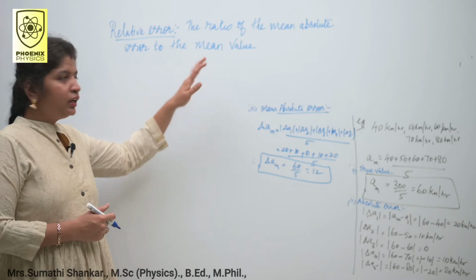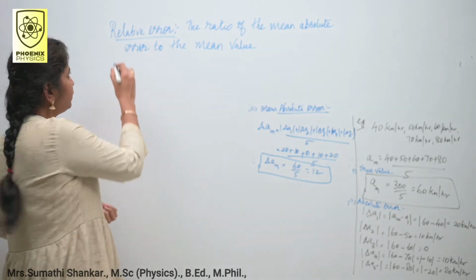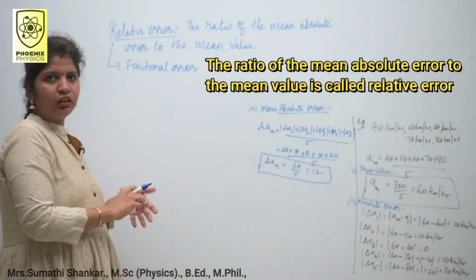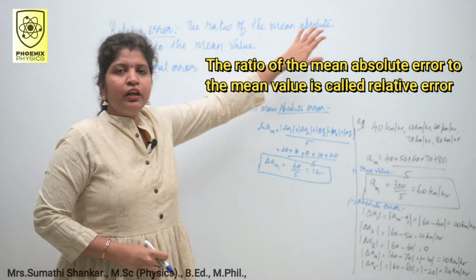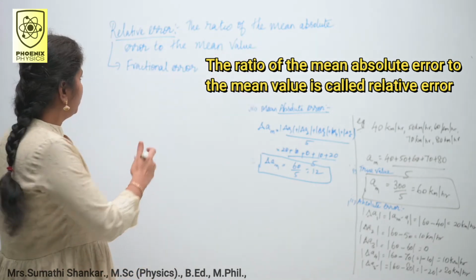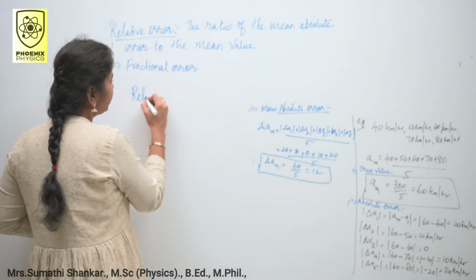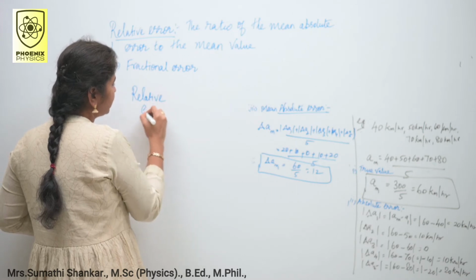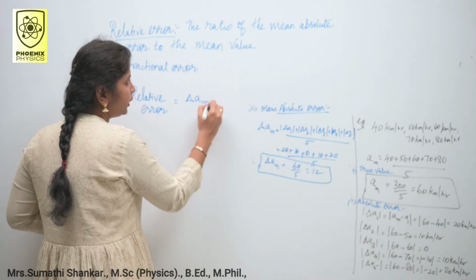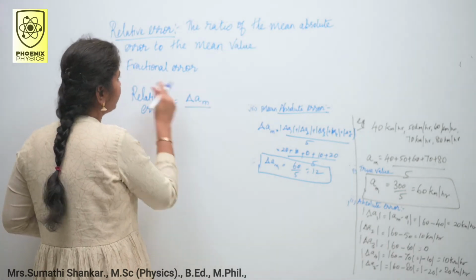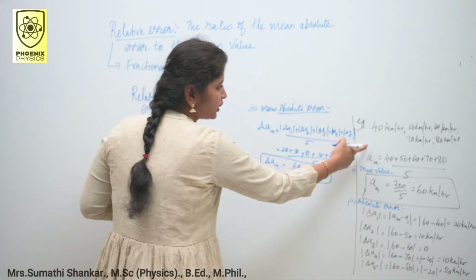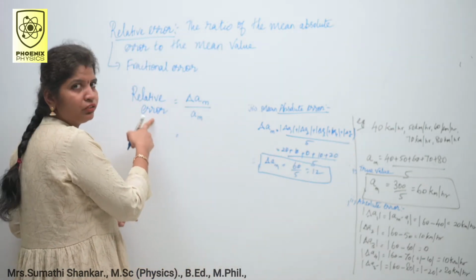Relative error. Relative error is sometimes called fractional error. It is nothing but the ratio of the mean absolute error to the mean value. So how do you write this relative error? It is the mean absolute error, delta AM, divided by the mean value, AM. In this example, how do you calculate relative error?